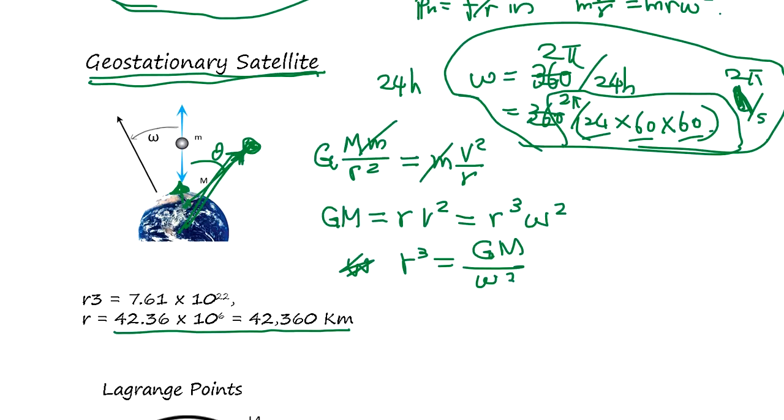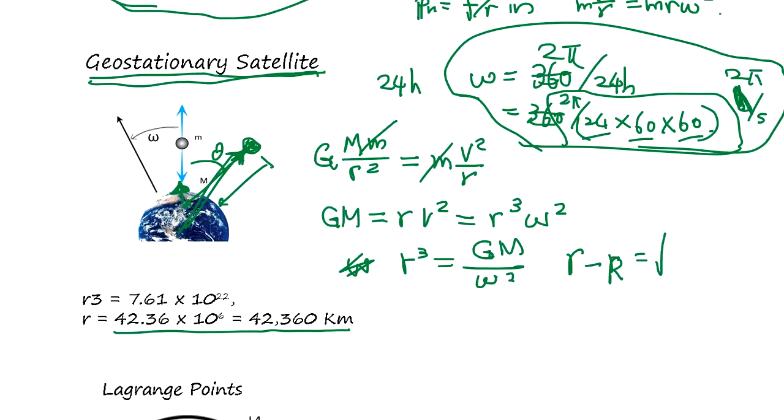So the height, okay, this includes the radius of Earth. So if you want to know the height from the ground, you have to subtract the radius of Earth.